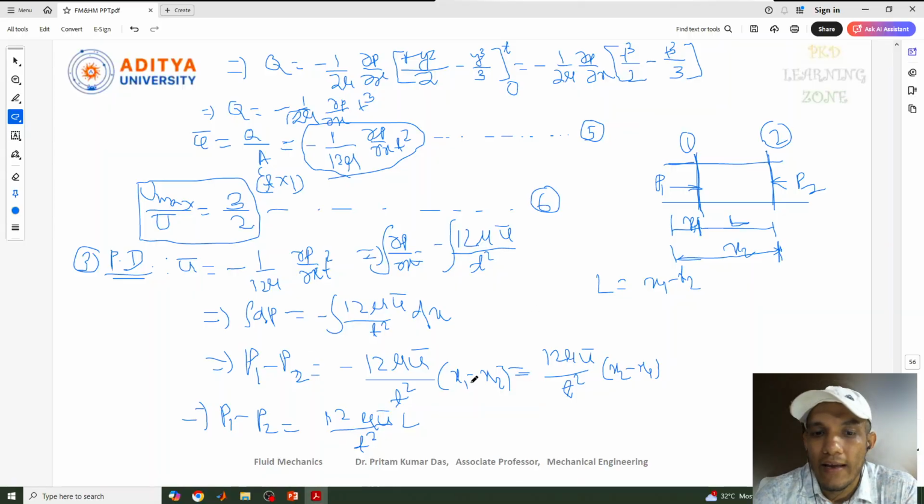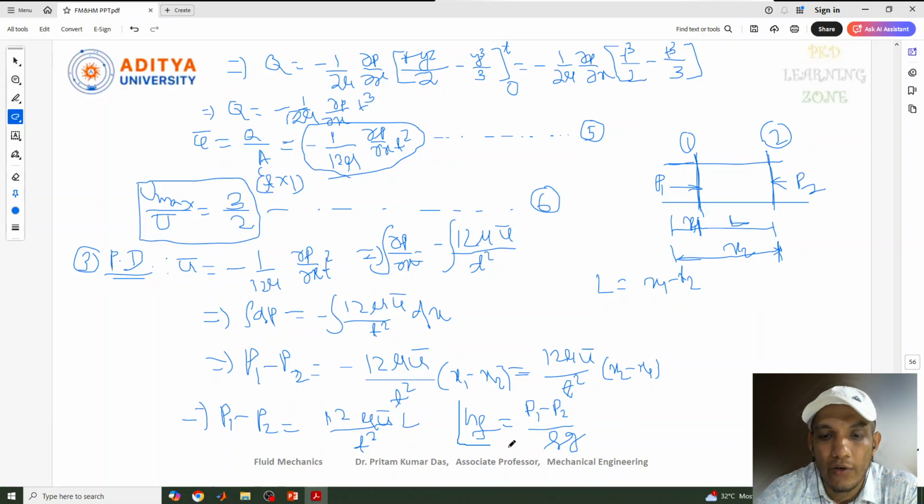Now suppose HF is the pressure loss, or the drop of pressure head. Then I can write HF equal to P1 minus P2 by rho g, because these things we have already identified previously.